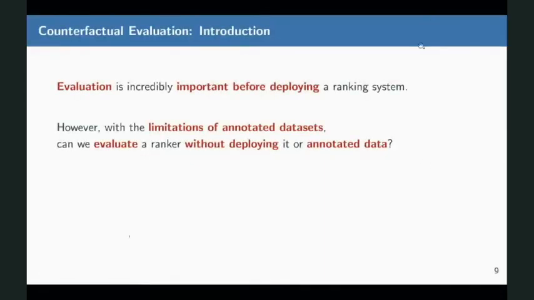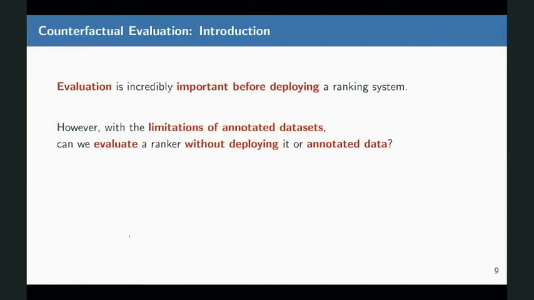So what we've seen so far is that we don't want to work with annotated data sets, but it's still really important to evaluate a ranking system. If you have a new ranking model behind your service, you want to know whether it's good or not before you deploy it.